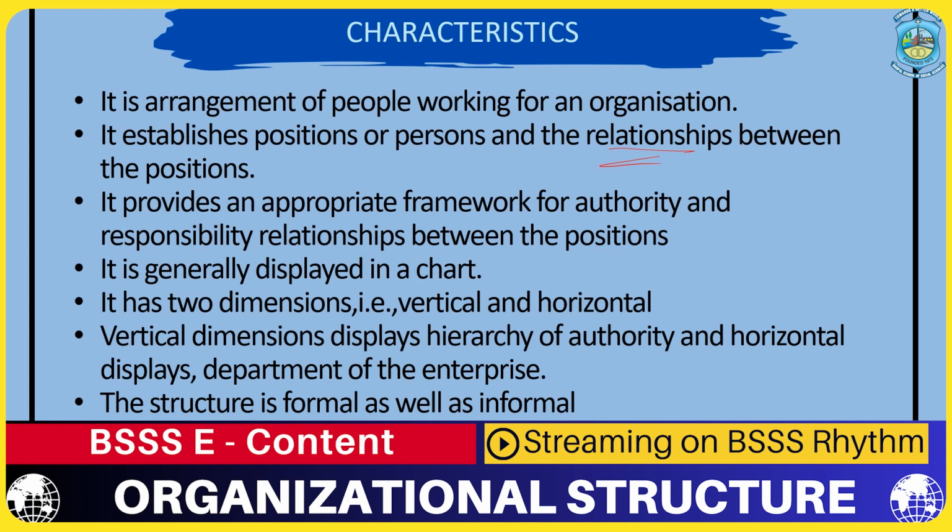Now, organization structure basically has two dimensions. One is vertical and the other is horizontal. The vertical dimension displays the hierarchy of authority, who is at the top level enjoying the highest authority, then the middle level and the lower level. And the horizontal dimension displays the departments.